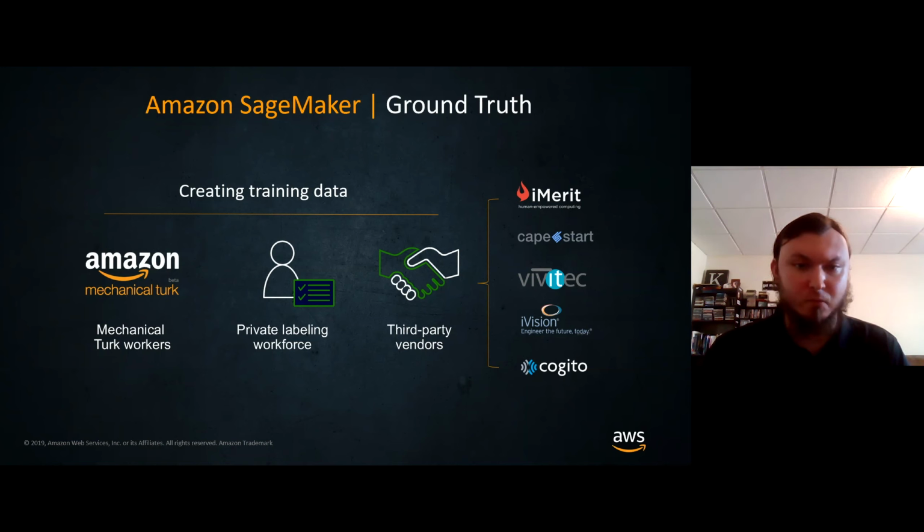Then there's private workforce labeling, which is exactly what it sounds like. That would be resources within the organization doing that labeling with Ground Truth. Then there are third-party vendors, and some of those are listed to the right here. This all depends on the resources available within the organization, and each organization might find that one of these options makes more sense than the other.